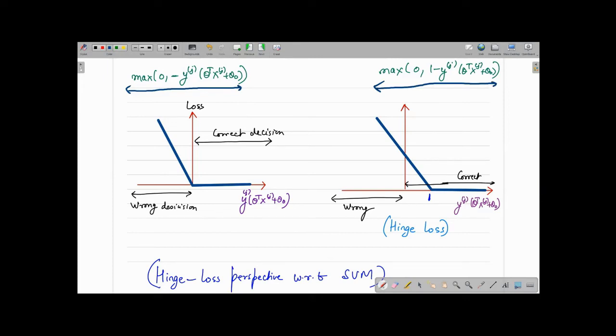This you know is coming from soft SVM. This you know is coming from perceptron, right? So what we are trying to show you is the loss function for this max. Here you can see this particular thing is the correct decision boundary and this is the wrong decision boundary. Can anyone tell me why I am calling this side the correct decision and the left side the wrong decision? Anyone?